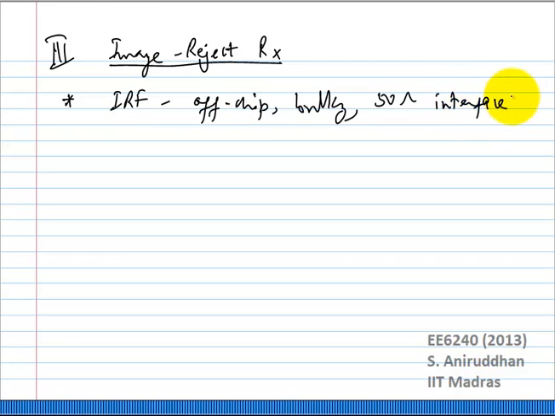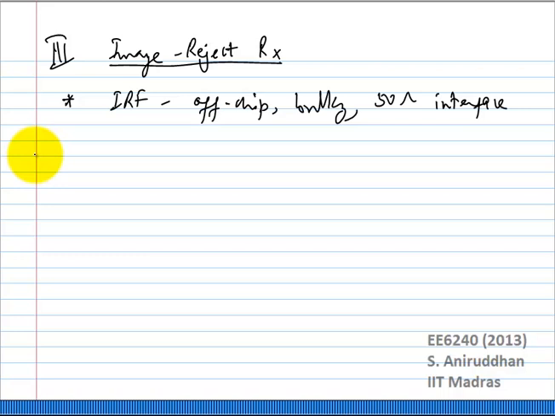Obviously this will have an impact on noise, power consumption and so on, and linearity. So we need to come up with an architectural level solution to take care of this image problem.